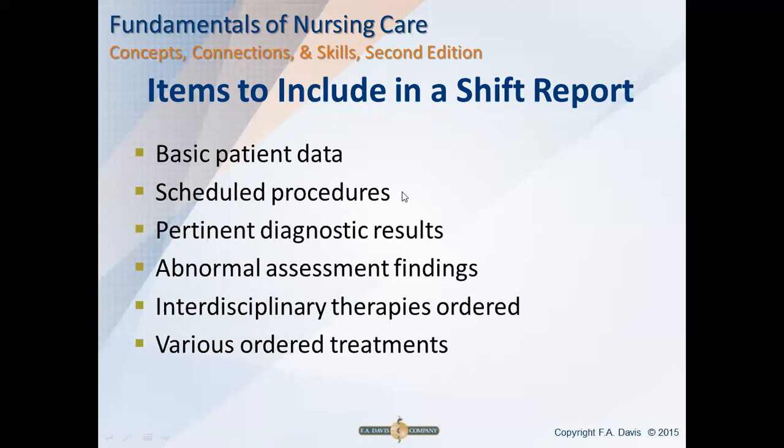Also diagnostic results and any abnormal assessment findings. Like, I'm going to leave my shift and the new RN is joining, and suddenly the patient's blood pressure is going up or temperature is fluctuating. I have to keep a note, keep documentation, so the new RN can easily catch up.